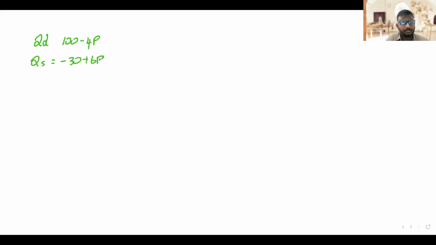Am I correct? Or did I get anything wrong? These were the equations there, right? So what is the equilibrium price and what is the equilibrium quantity?